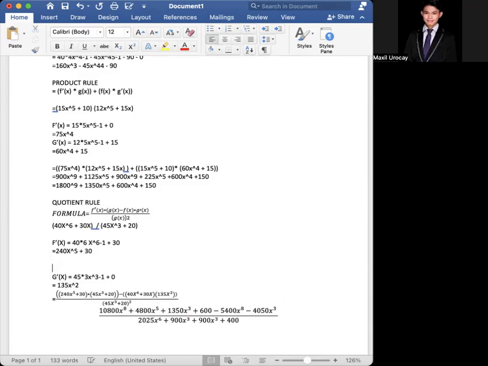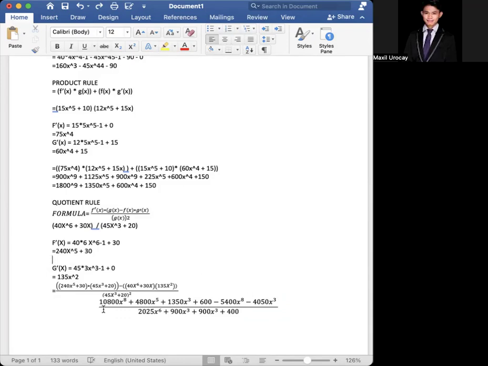Now, okay, it's how it will be represented. Combine each term. So x to the power of 8 is 10,800 minus 5,400 for the power of 8.